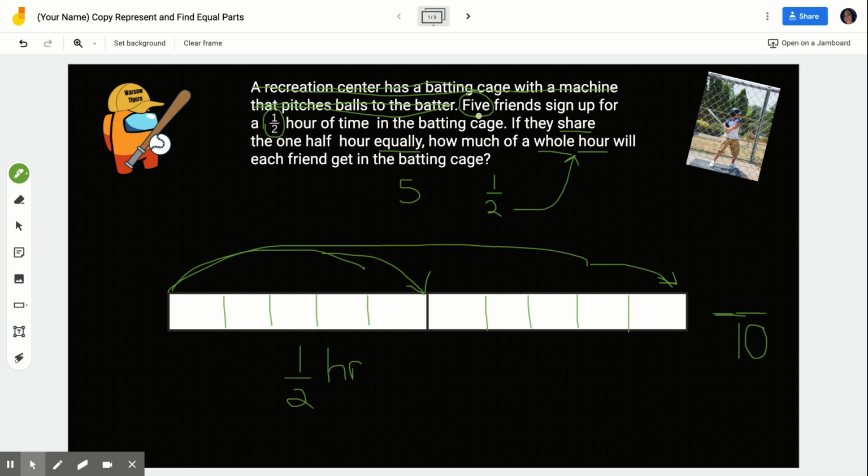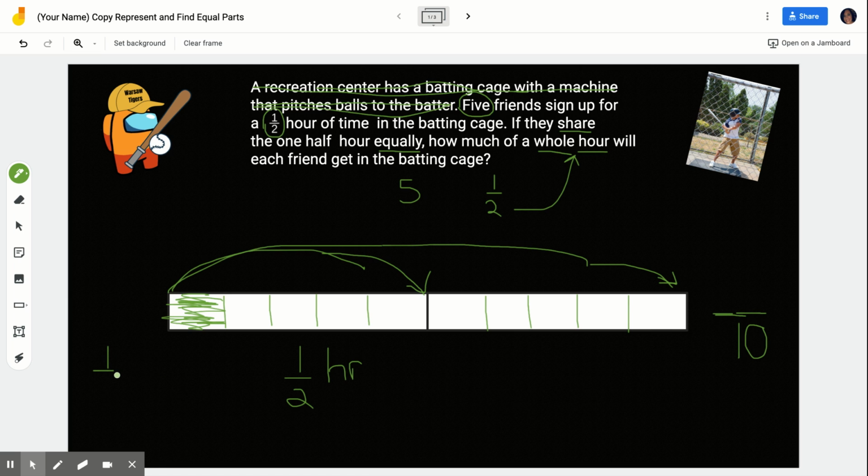But let's go back to the original part of the problem where we're solving for how much does each friend get out of that 1/2 hour. So I'm going to just represent one friend here. And if we were thinking about just the half hour, then this friend would have had 1/5 of the 1/2, 1/5 of 1/2.